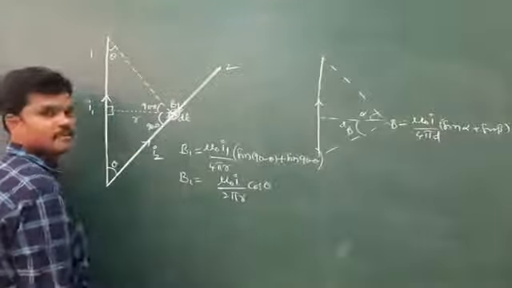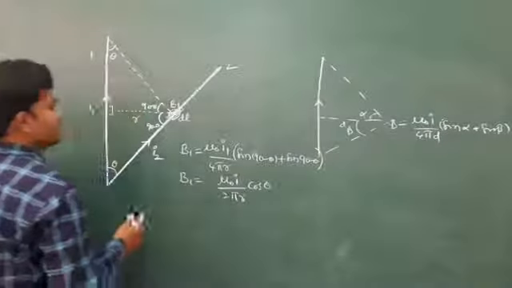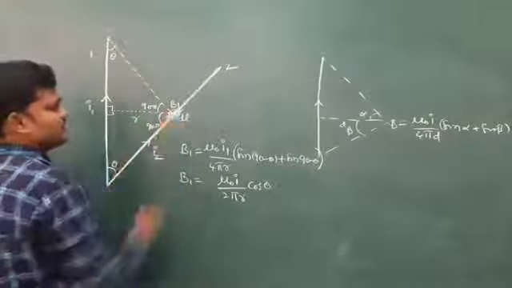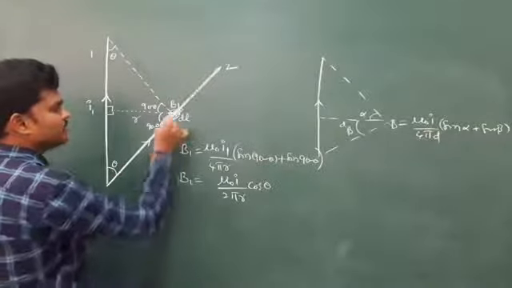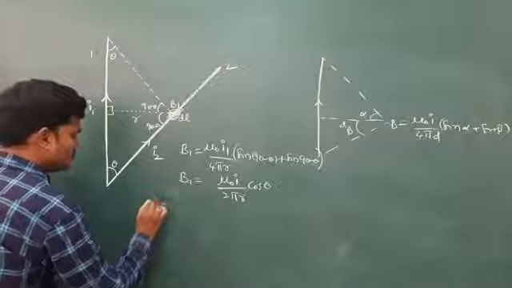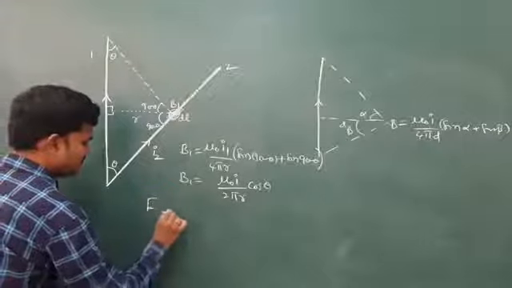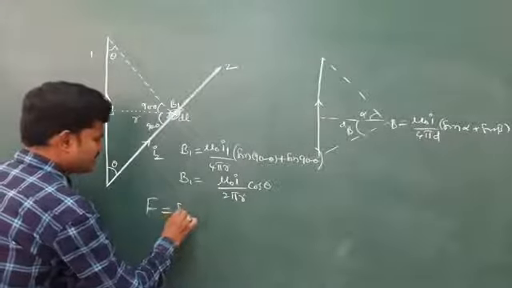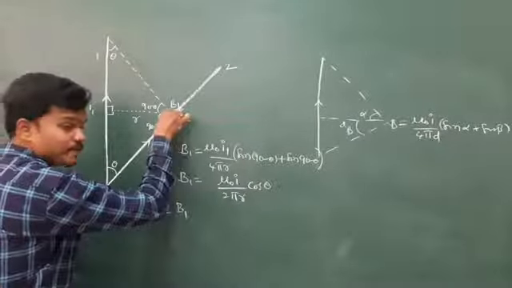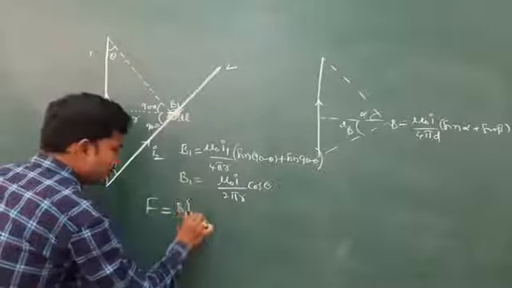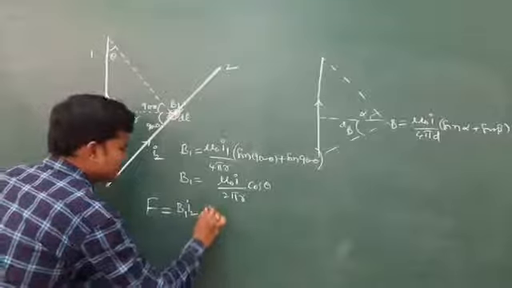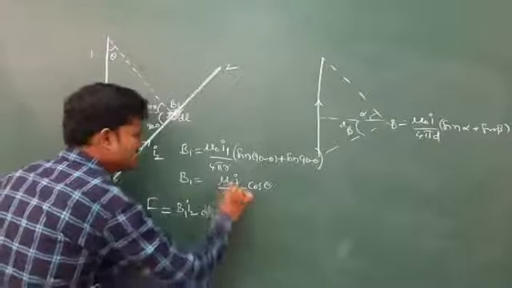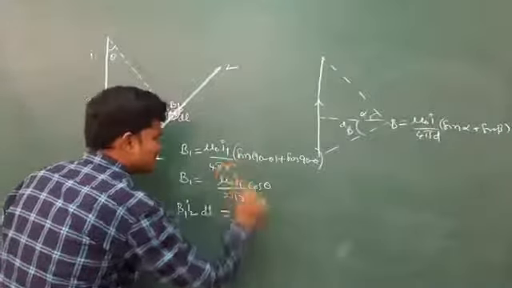I got B1. Then target is to find out force on this. Okay, magnetic force on dl. So force on dl is BIL. B means B1, I means I2, L means dl. So what is the answer? B1, just now we got it. This is I1.